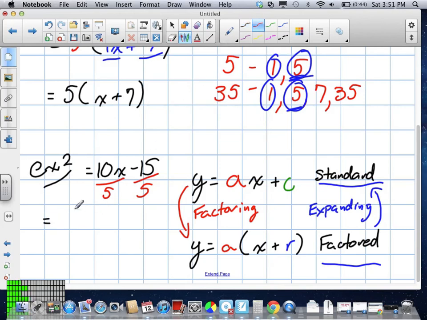That's right. So we have 5 outside of the bracket. And what's left inside the brackets? Those two terms. What is 10x divided by 5? 2x, yep. And what's negative 15 divided by 5?